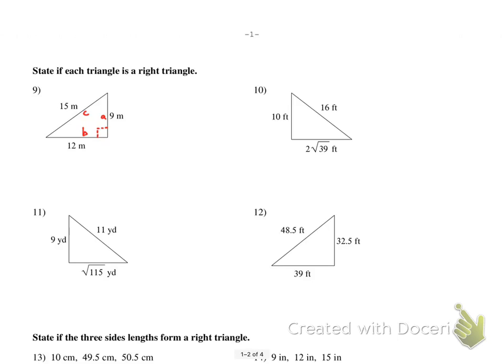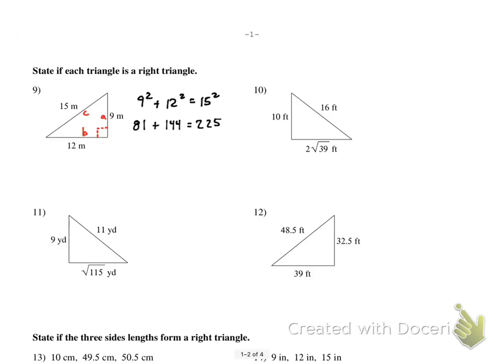So all we have to do is plug these numbers in. a squared plus b squared equals c squared, so 9 squared plus 12 squared equals 15 squared. I'm just going to do this one pretty quickly. 9 squared is what? 81. 12 squared is 144. And 15 squared, does anyone know that? It's 225.